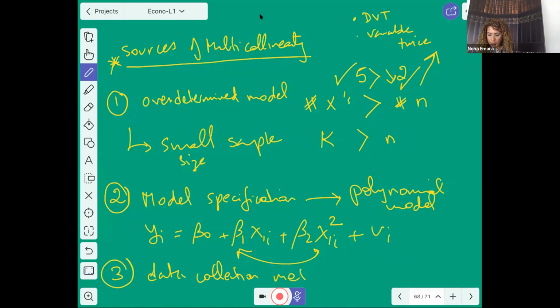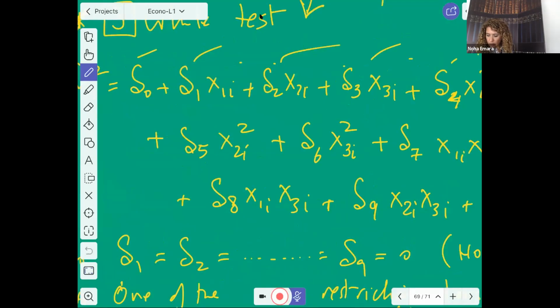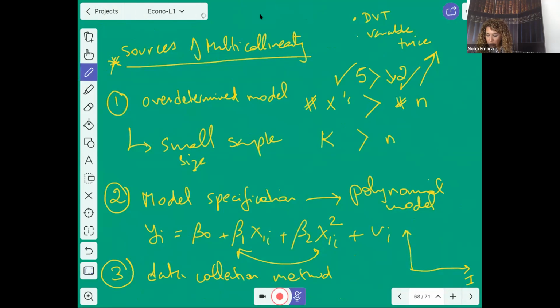Let's say I'm doing a certain project about income and consumption, and I'm collecting income ranging from 0 to 20K and 40K, and I'm trying to see how they are connected with consumption.